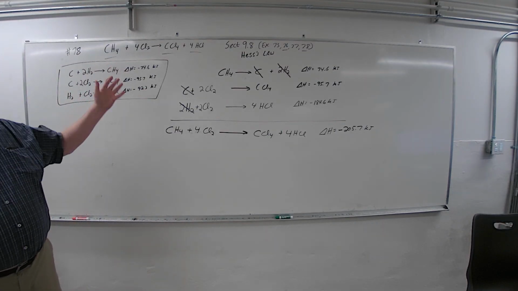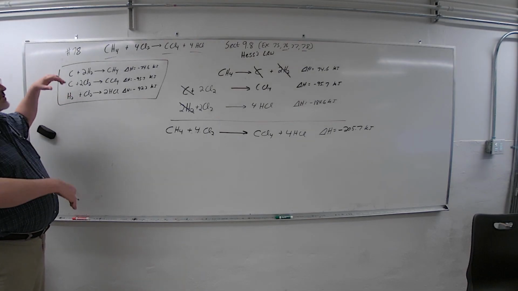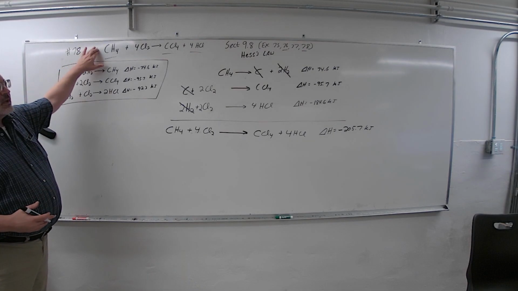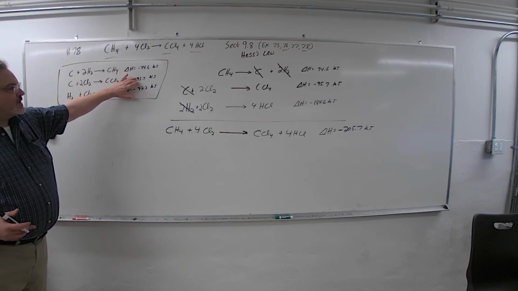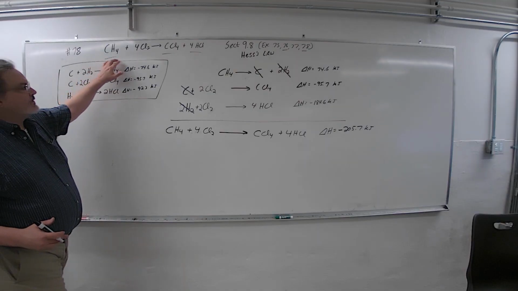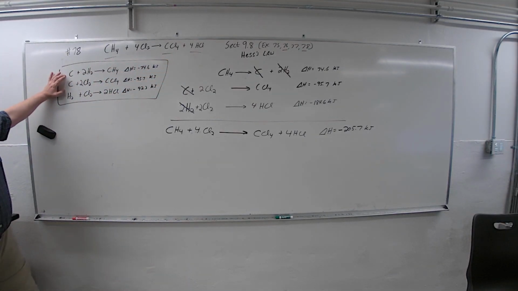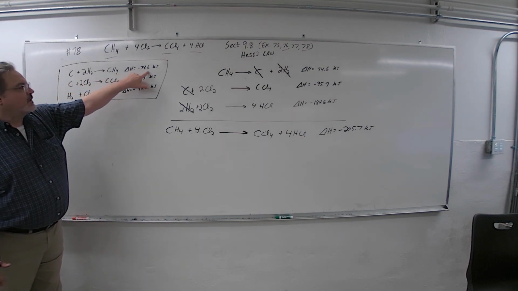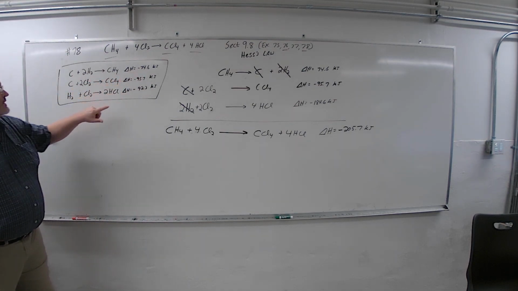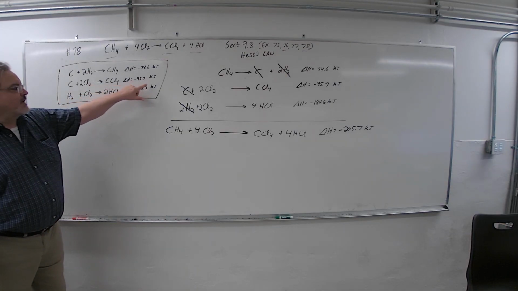So Hess's law just says that if you have reactions that you can manipulate this way to add up to this reaction, you can also use the delta H's here. And it's a way to estimate the delta H of a reaction that you don't have a standard for. Somebody measured this reaction and found that it was negative 74.6. Somebody measured this reaction, they found that it was negative 95.7.